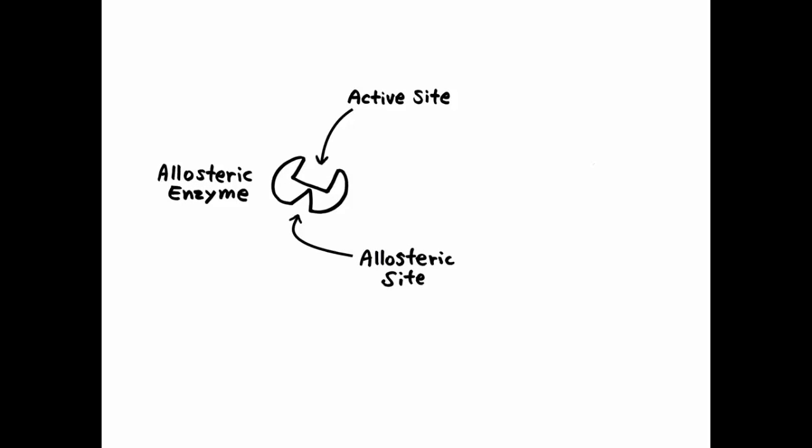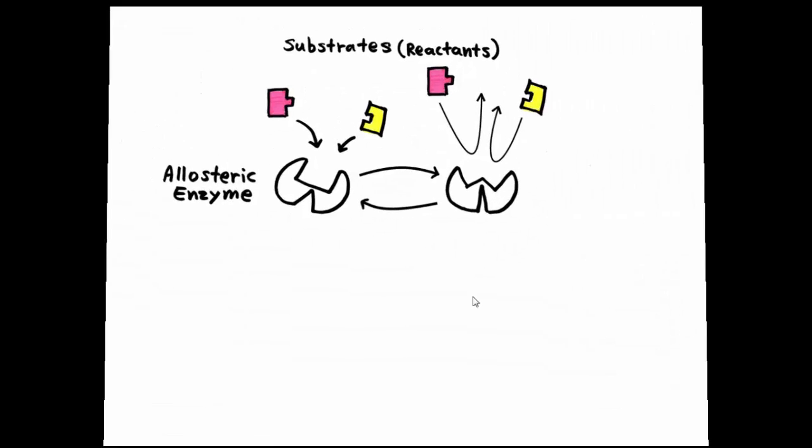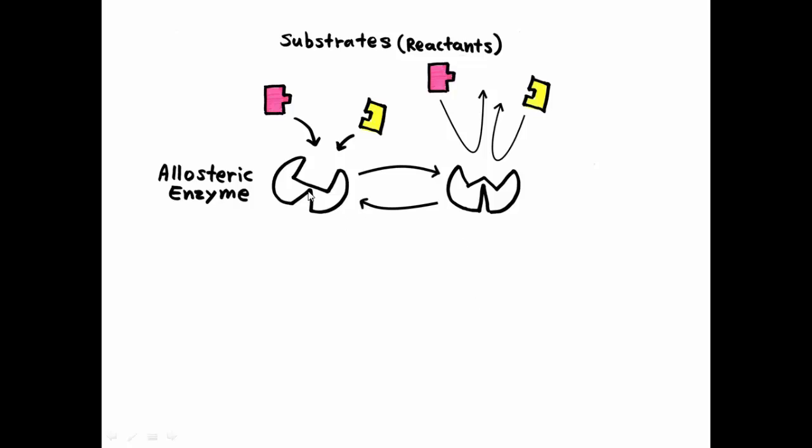In a diagrammatic form, we can show an allosteric enzyme looking something like this. On this side would be our active site, and on another surface there would be a new place of recognition called the allosteric site. The way that this enzyme is made, it physically has the ability to change shape, and it will constantly change shape, wobbling back and forth between an active form, like on the left, and an inactive form on the right.